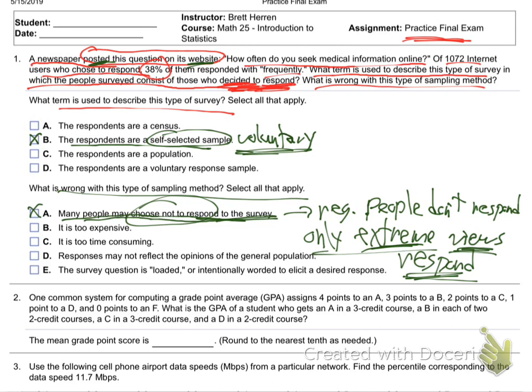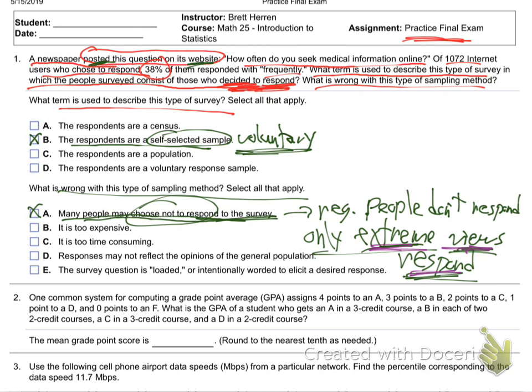I'm sure that's 80% of their callers or their clickers, but that's not 80% of the whole population, because most people saw it and ignored it and moved on. Only the extreme view people took the time to respond. That's why that's a bad way to survey.